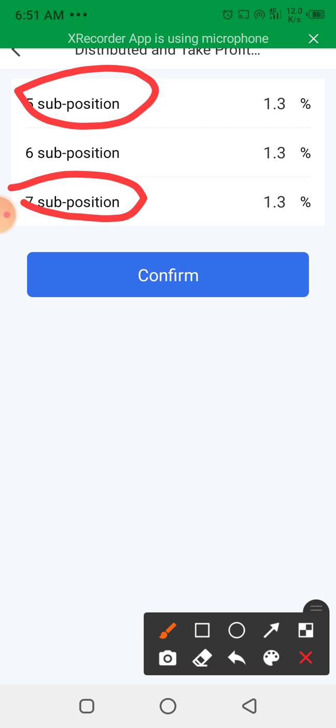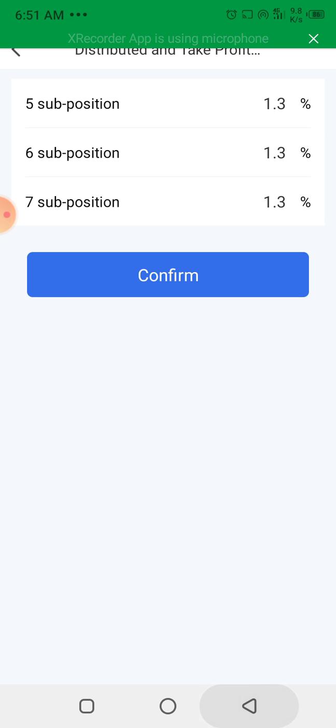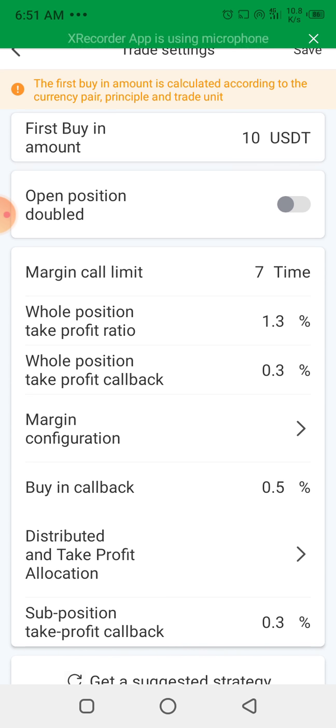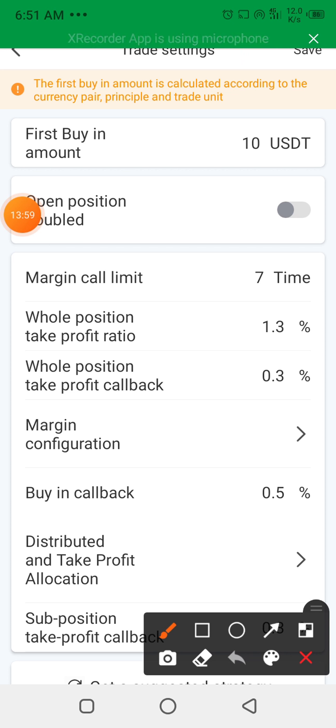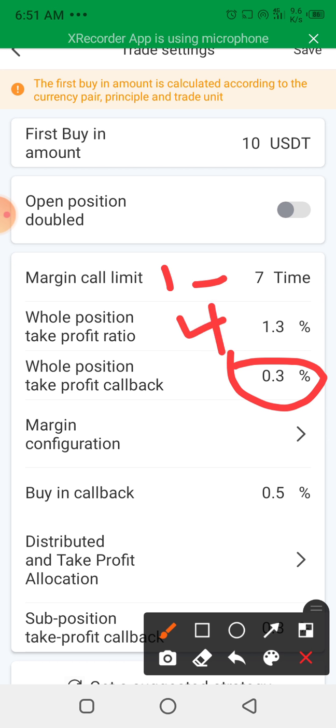Okay, so basically to get more understanding, the system controls this one. Let me highlight it. This callback controls 1 to 4. All right, and this callback here controls 5 to whatever number you put here.